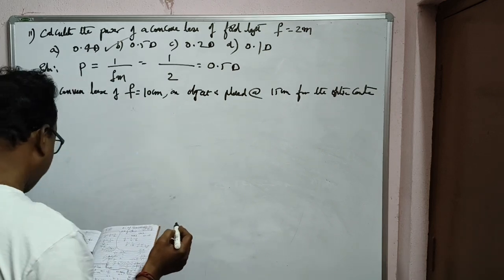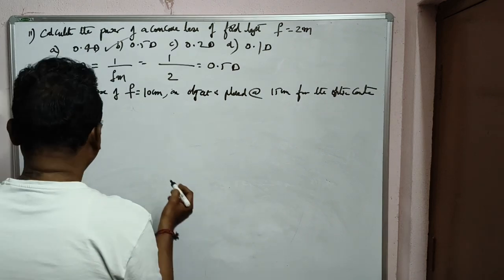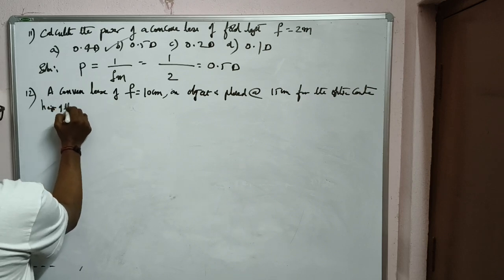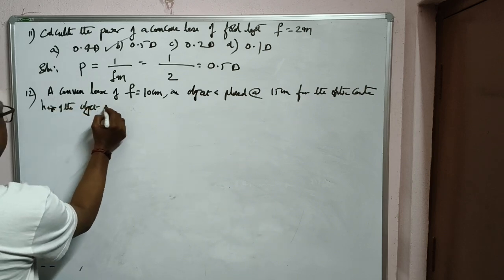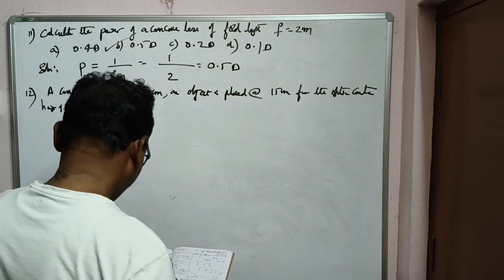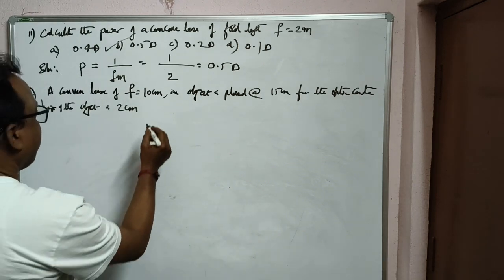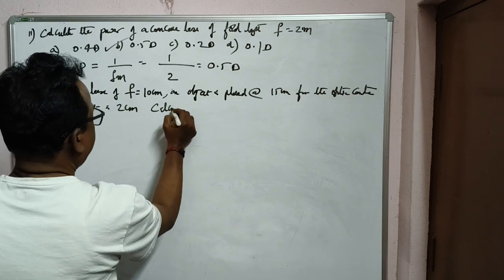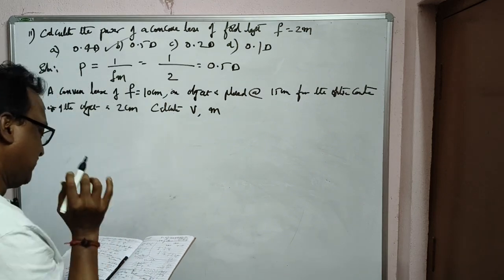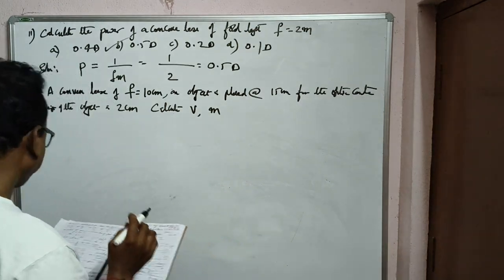The height of the object is 2 cm. Now he is asking you to calculate V, M. That means image distance and magnification.